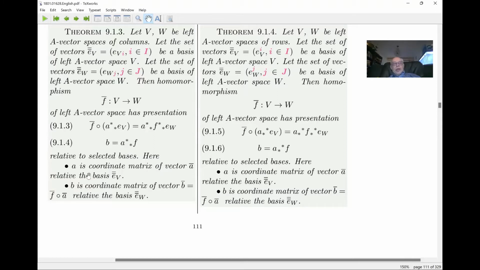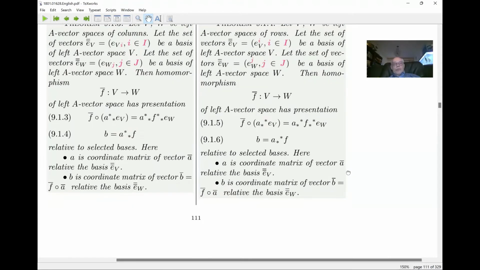Here, a is coordinate matrix of vector a related to the basis e_V. b is coordinate matrix of vector b, which is image of vector a related to the basis e_W.